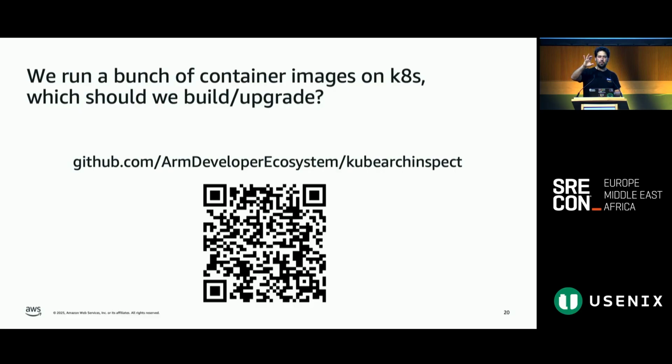These images already have an image index and have ARM64 options behind the scenes. These images have other tags with ARM64 options. And these images don't have any ARM64 in their repo. And so you will know how much work you need to do and which pods or deployments you can move first.